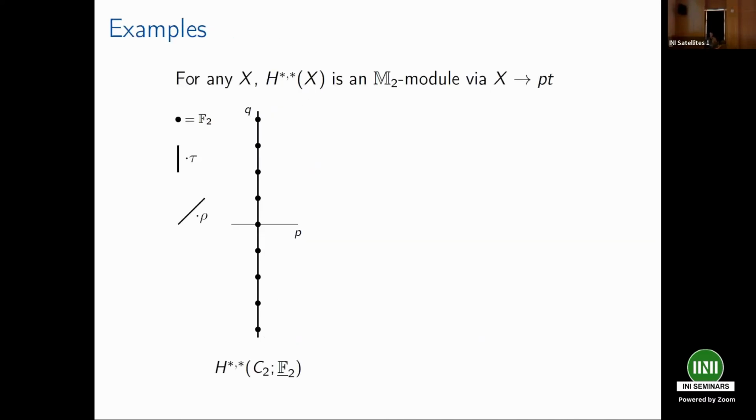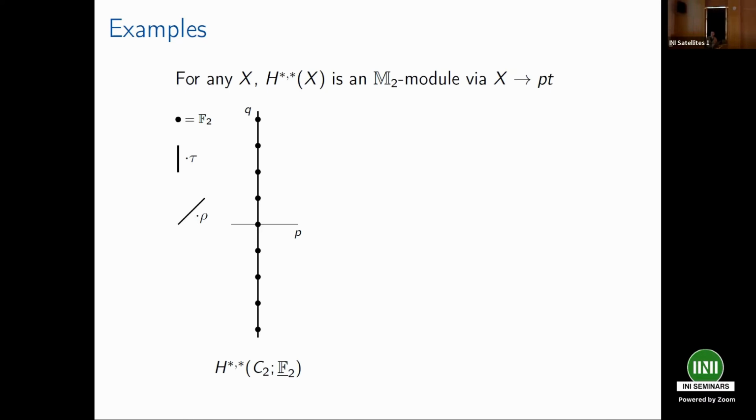Okay, so I now want to look at cohomologies of C2 spaces as modules over this ring. I always have this equivariant map from any space to a point, just press it. And so I'm going to get a module over this ring. And for example, if I take the cohomology of the other orbit, C2, then this is what I get. So again, this bigraded picture with topological dimension horizontal and this twisted dimension vertically.